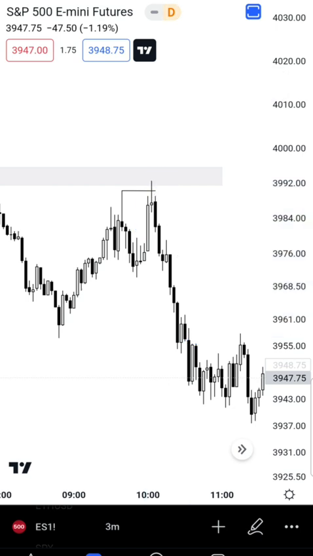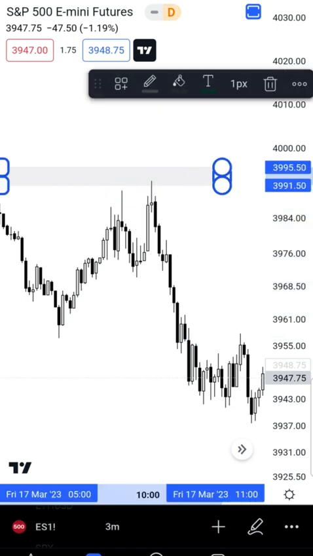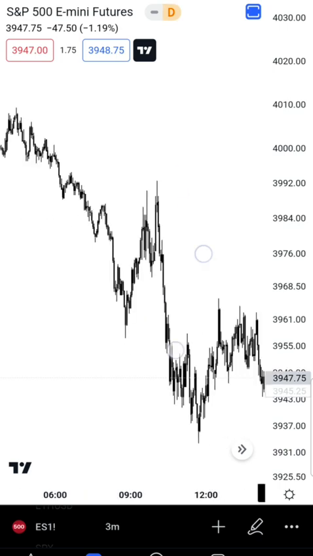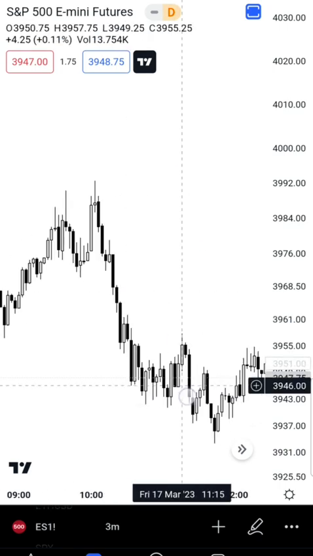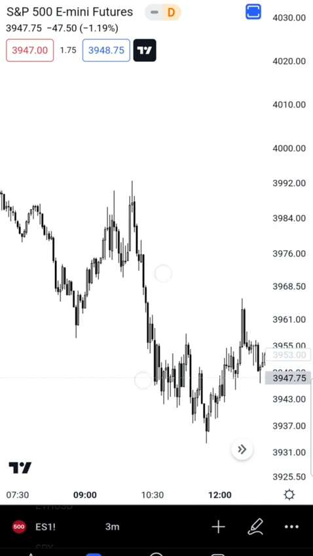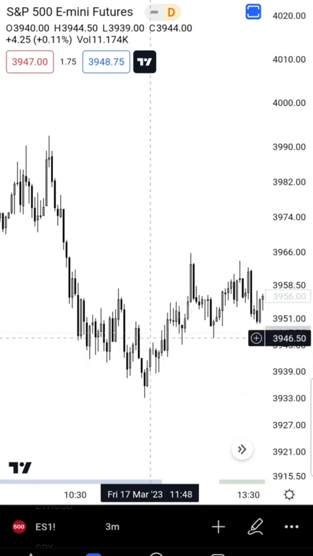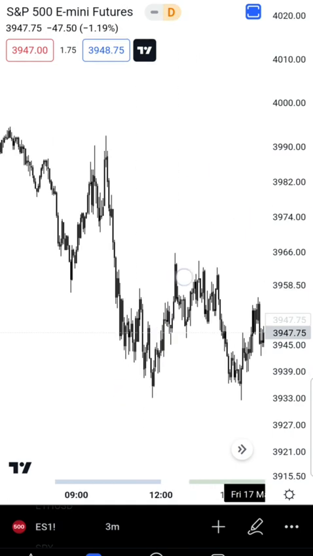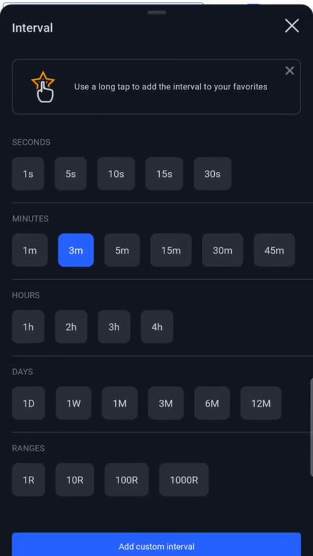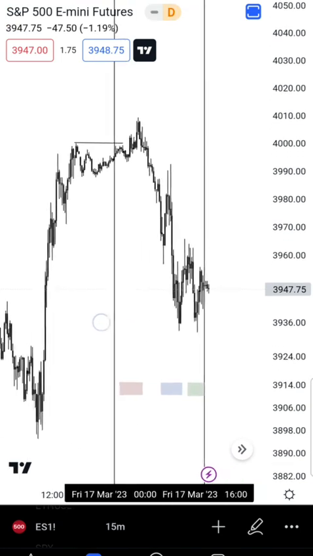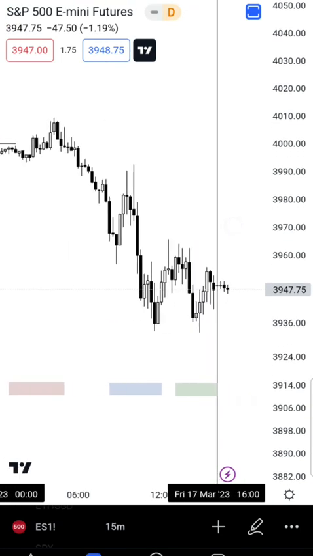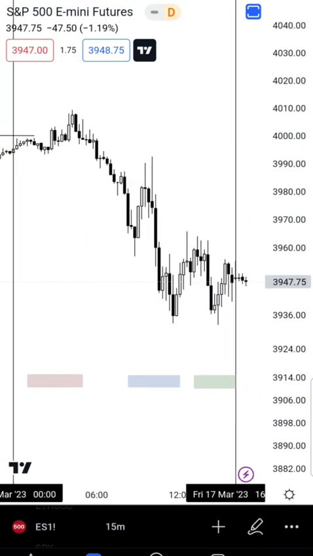And it kept declining into 12 p.m. And then at 12 p.m. it marked the low of the day. This is an example of a classic sell day, a super classic sell day.